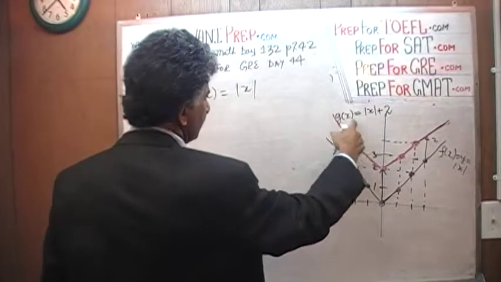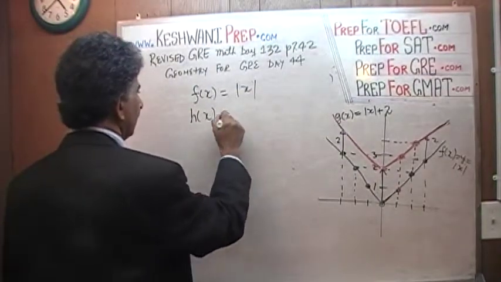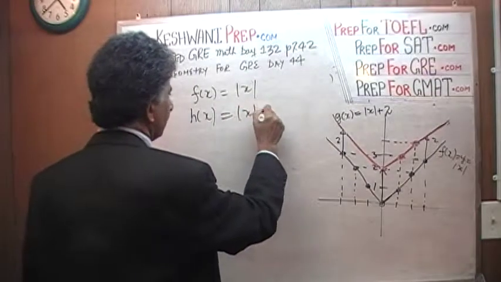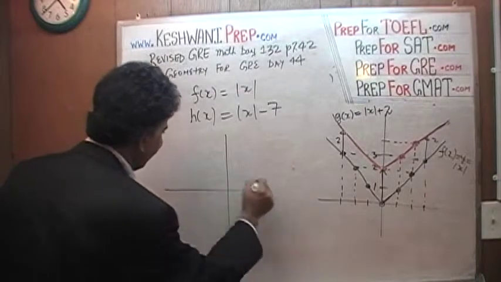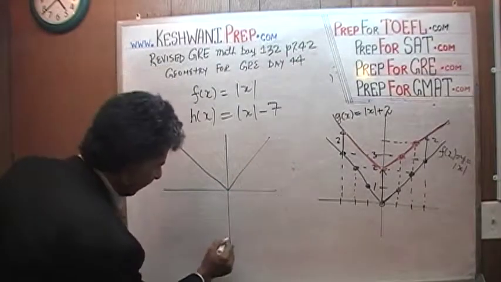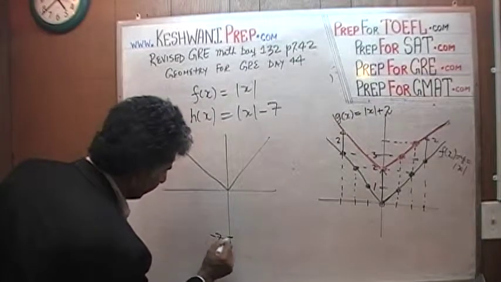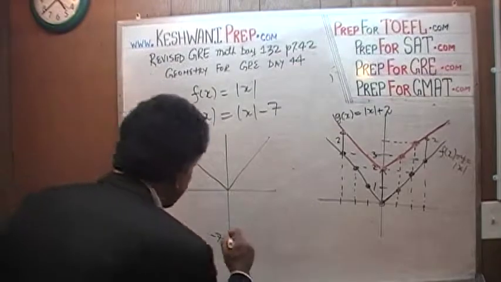Let's call this function h. H of x is the absolute value of x minus 7. Well, what would that look like? Very easy. Here's your original graph, and you shift it down by 7 units. If this is negative 7, it's the exact same graph, shifted down by exactly 7 units.